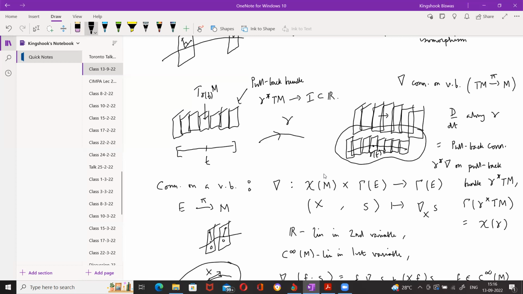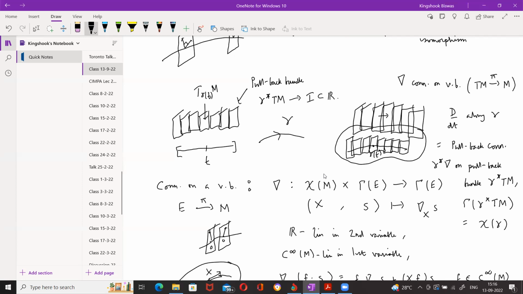Now, if I take E equal to the tangent bundle and put metric compatibility and symmetry, then I have a unique way of this identification. It's sort of a magic thing that there's a unique way of identifying these fibers which is isometric.